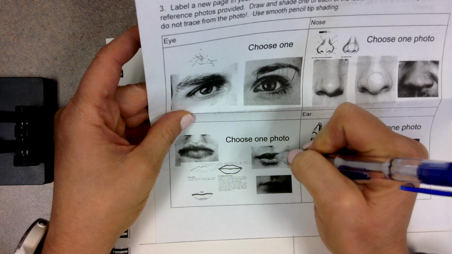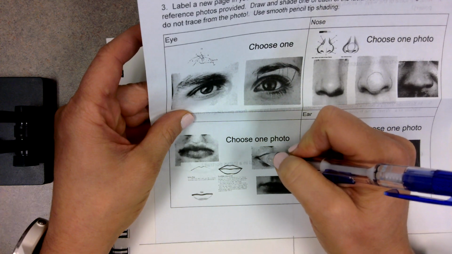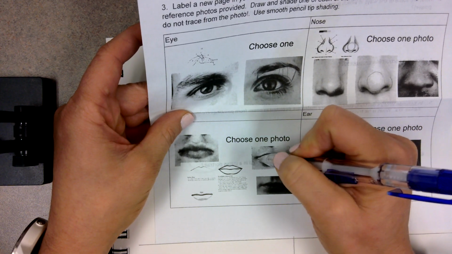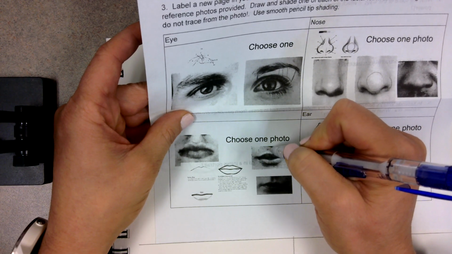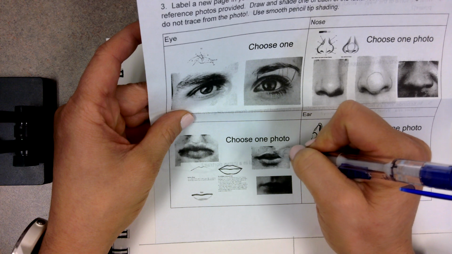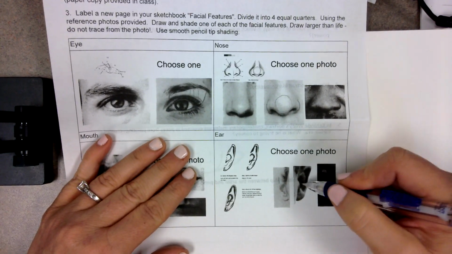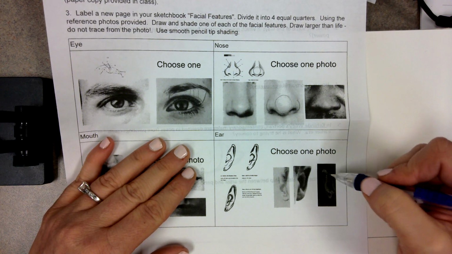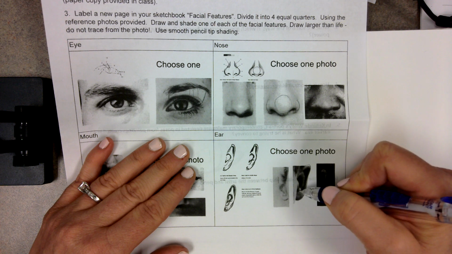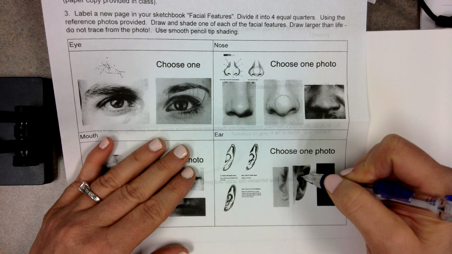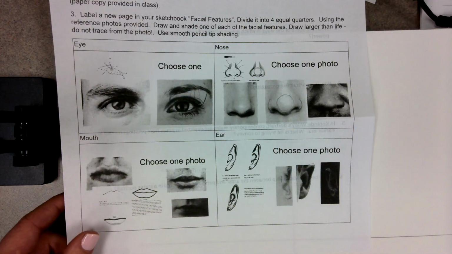This is the line where your upper lip meets your lower lip. And then the corners of your mouth, this area up here, can also be really important. And then the ears are so tricky. If you have a photocopying class, it might be hard to see, but probably you'll want to do this middle one. You'll look at all those intricate, unusual shapes. You're going to look at them first and then draw them.